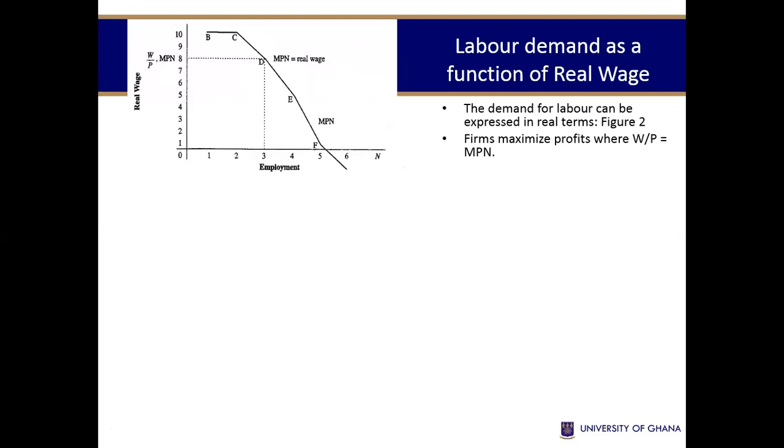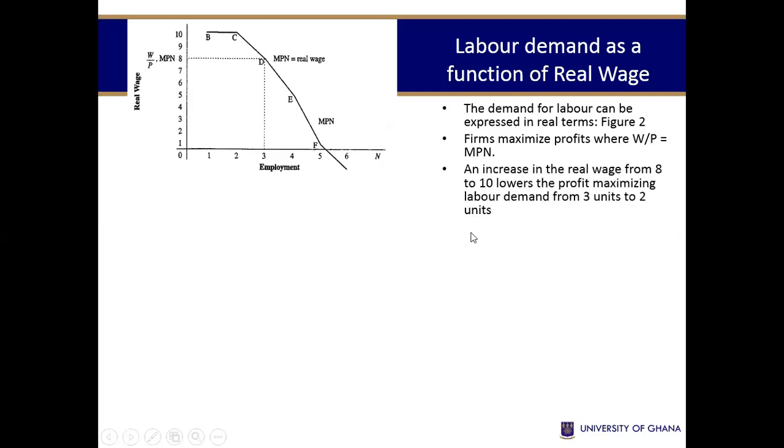We are not talking about the nominal. This one is from the second equation, that MPN is supposed to be the same as the real wage. Okay, your MPN is supposed to be the same as your real wage.